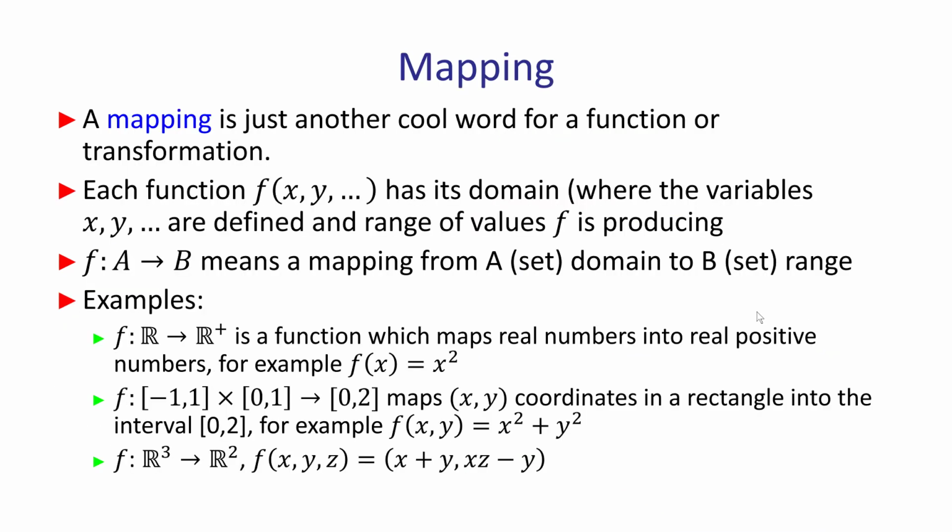A mapping is just another cool word for function or transformation. If you have some function f of x, y, and so on, it has its own domain where the variables x, y, and so on are defined, and range, those are basically the values that f function is producing. So if you have, for example, some system of coordinates and you have some function, it might be defined in some specific range, and it has domain.